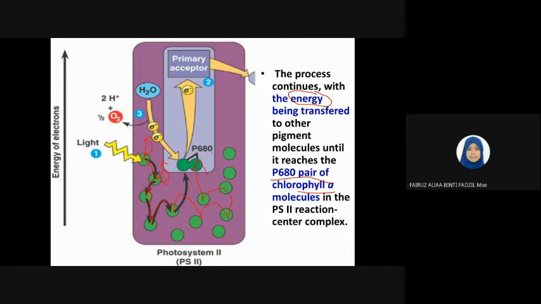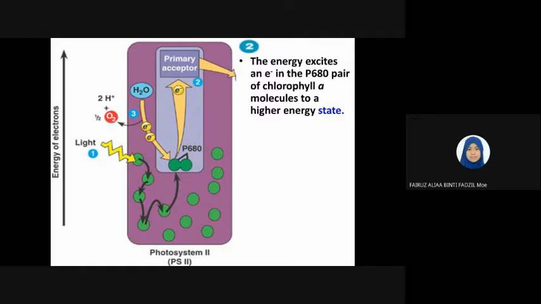Once the P680 receives the energy, its electrons will be raised to the excited state. So the energy will excite an electron in the P680 pair of chlorophyll A molecules to a higher energy state, the excited state.